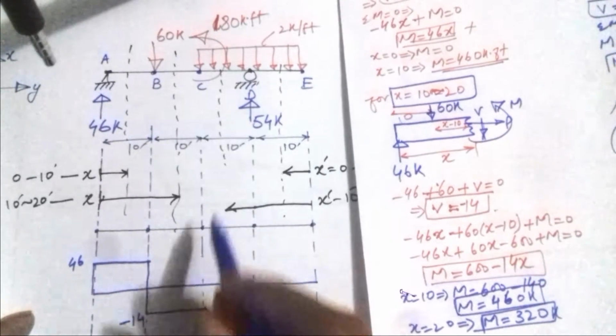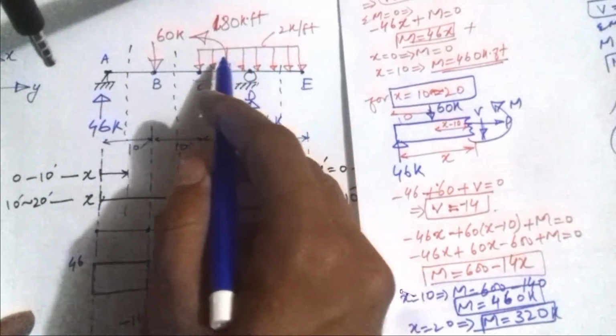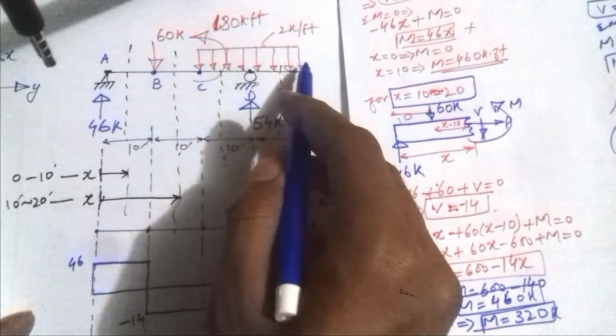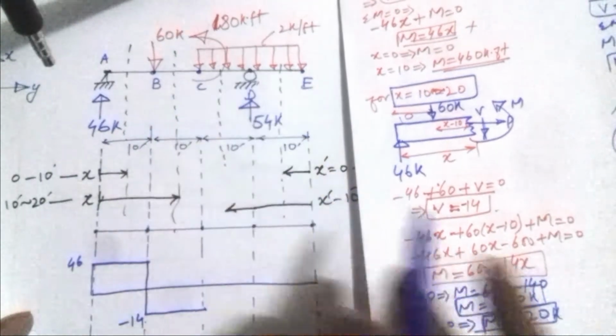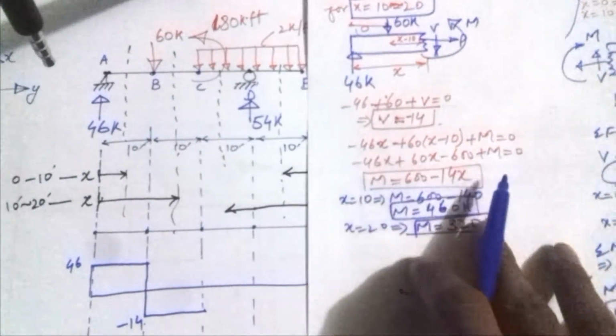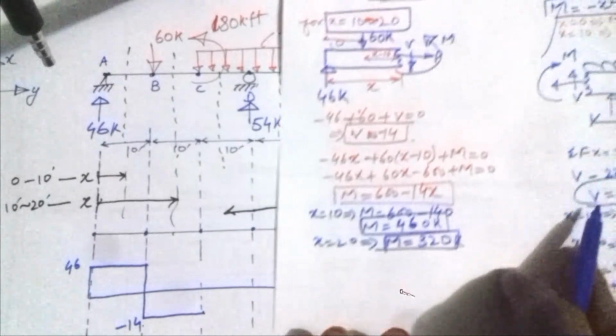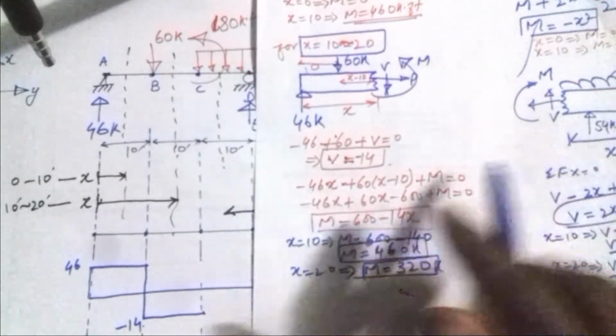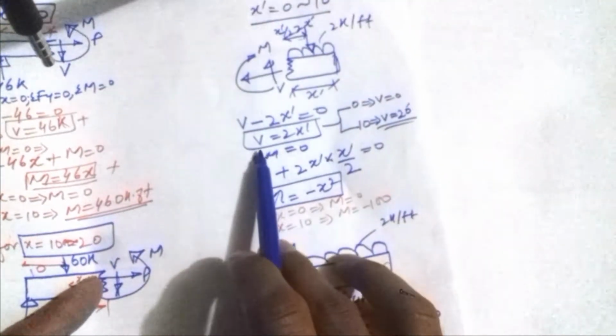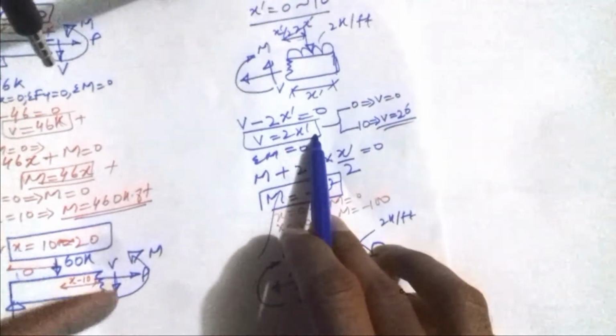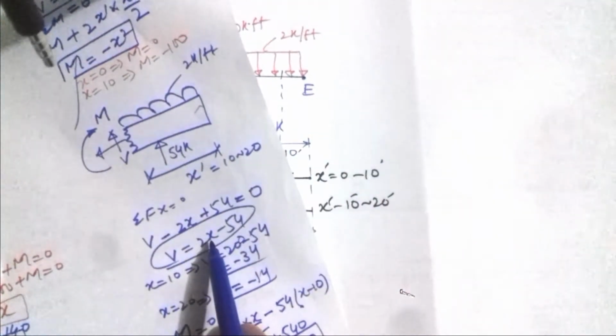Now when I reach here, there is a UDL coming. We know that whenever there is a UDL, there will be a linear equation, and the shear force equation would involve some sort of x in its value. You can see that in this section the shear force has a value of 2x dash, so it is a linear equation, and there it is also 2x.